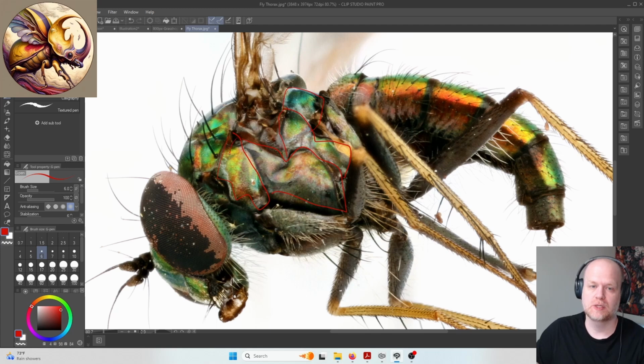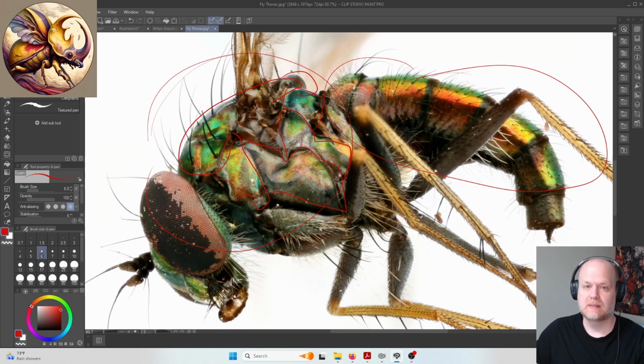Flies and wasps are extremely good flyers, so they tend to have very, very large thoraxes. So if you compare the size of this thorax to the size of the abdomen, you can see that even though the thorax is only 3 segments, the abdomen is basically the same size, and that's many more segments.